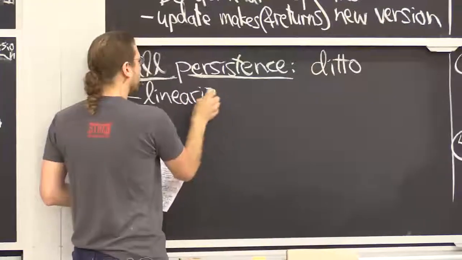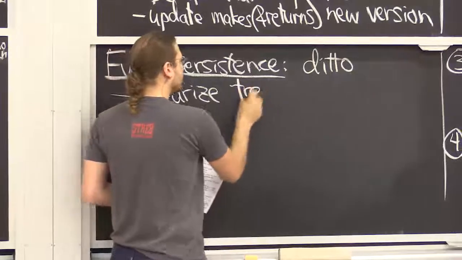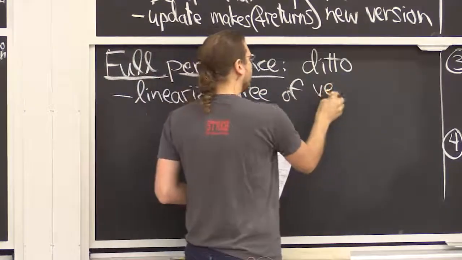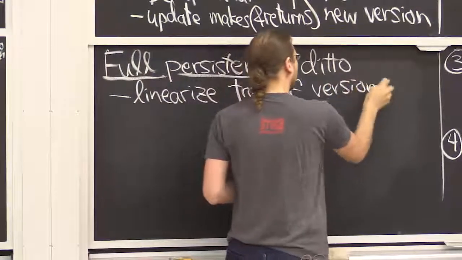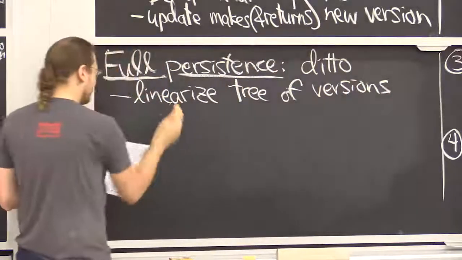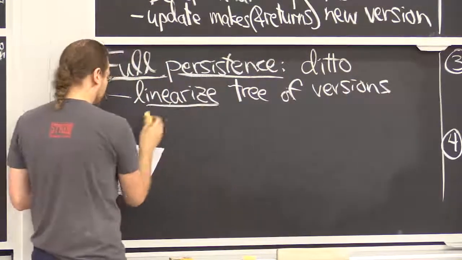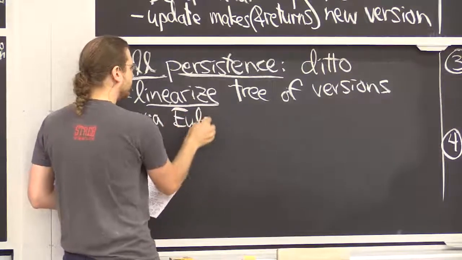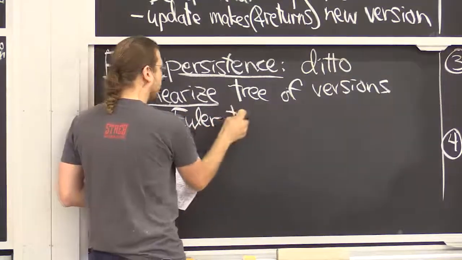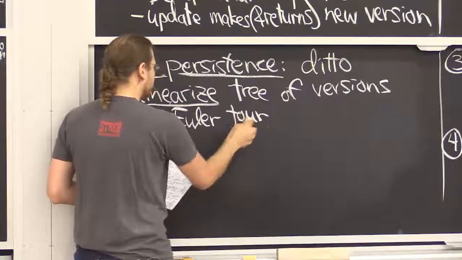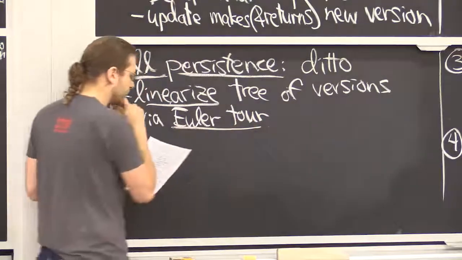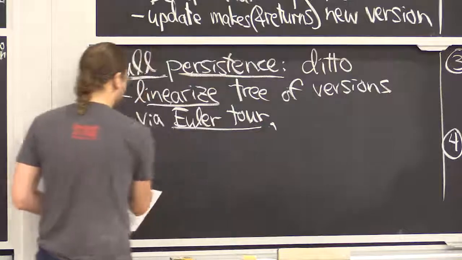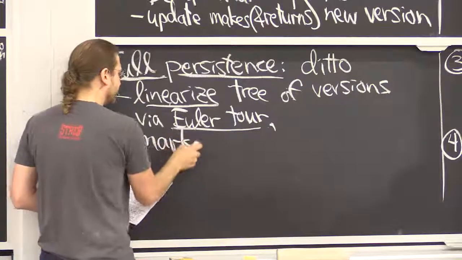So I'm going to take my tree of versions and linearize it via a tool called Euler tour. This is really just a pre- and post-order traversal of the tree. So it's nothing, you've seen it all before.